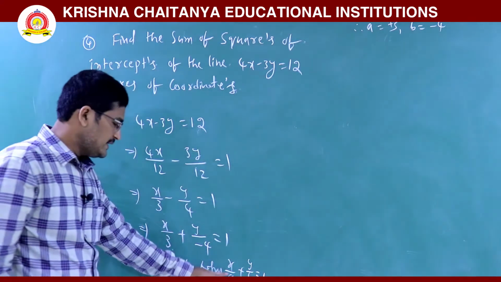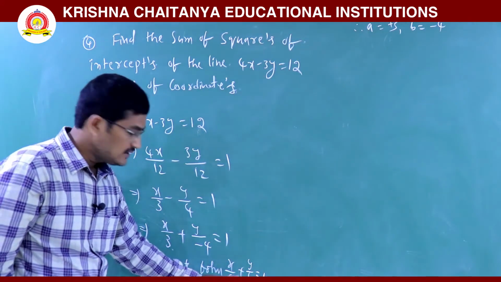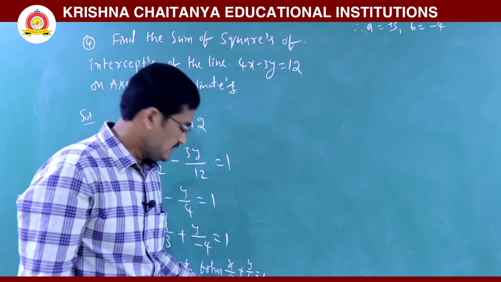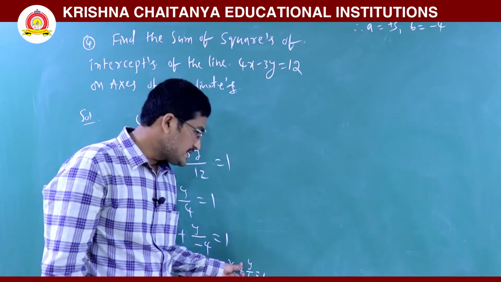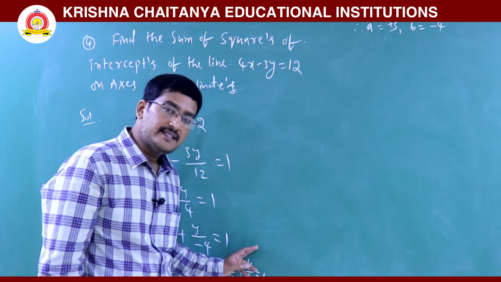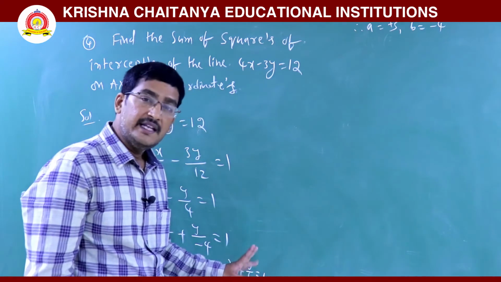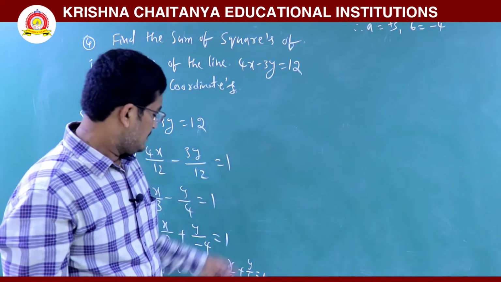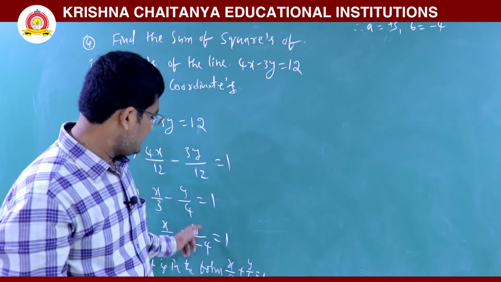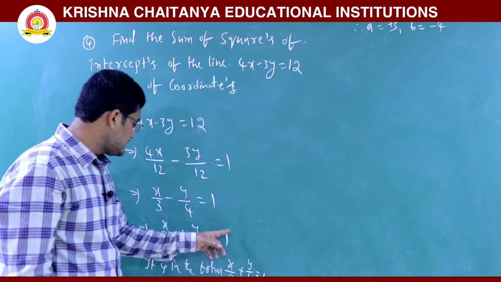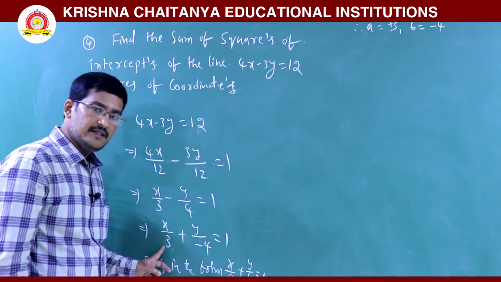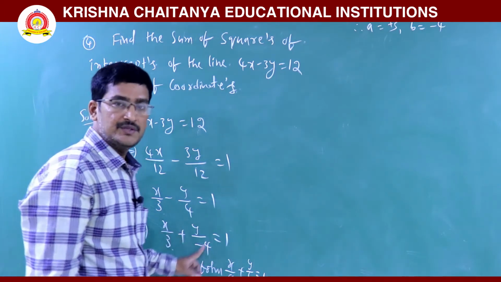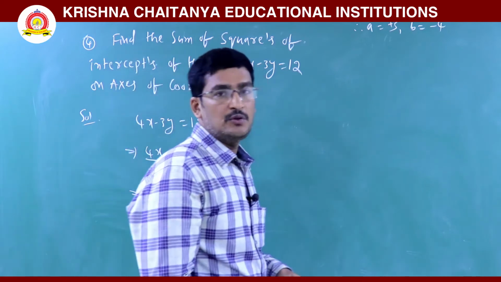In the form x by a plus y by b is equal to 1, the x-intercept of the line is a, and the y-intercept of the same line is b. That means this line's x-intercept is 3, and its y-intercept is minus 4. So a is equal to 3, b is equal to minus 4.